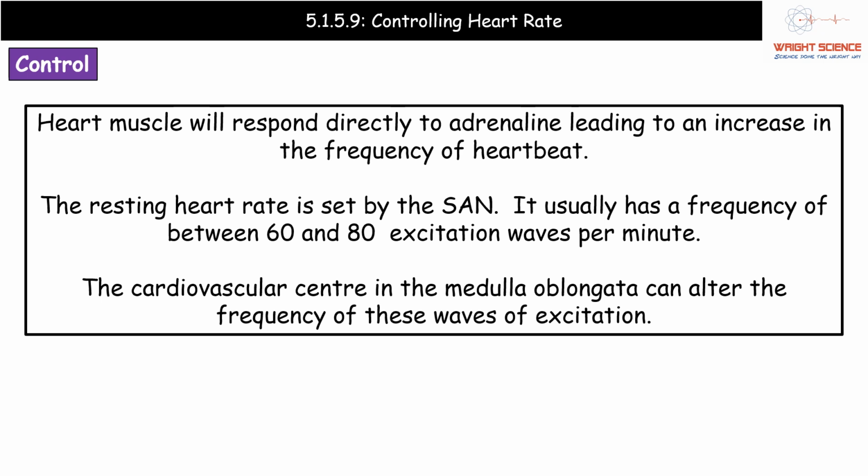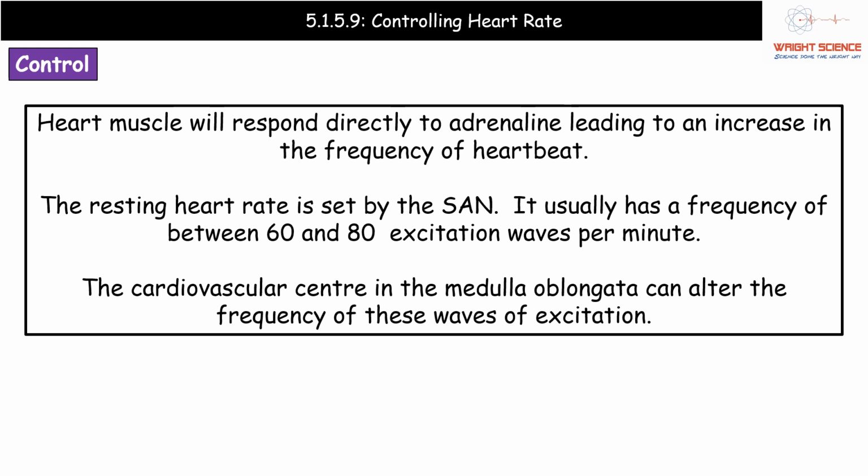So what we see is if adrenaline is present, it then causes that heart muscle to increase the frequency of contraction. So we're increasing the frequency of that heartbeat. As we've mentioned, that resting heart rate is set by the sinoatrial node, SAN, and just to remind you, that should have a frequency of somewhere between 60 and 80 waves per minute.